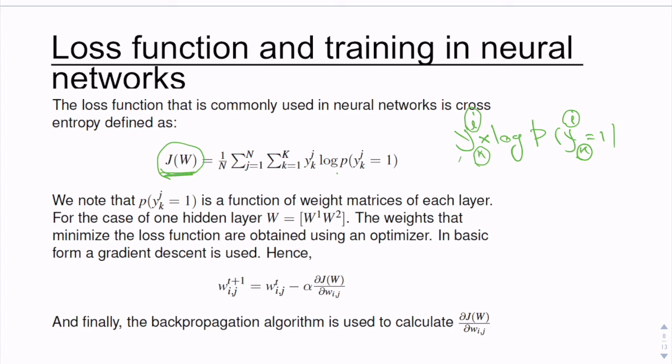Now we have a loss function and we want to optimize it. We already talked about how to optimize a function. The technique we are using here is the gradient descent algorithm, in which we compute the gradient of the loss function and then update the weights based on this gradient.